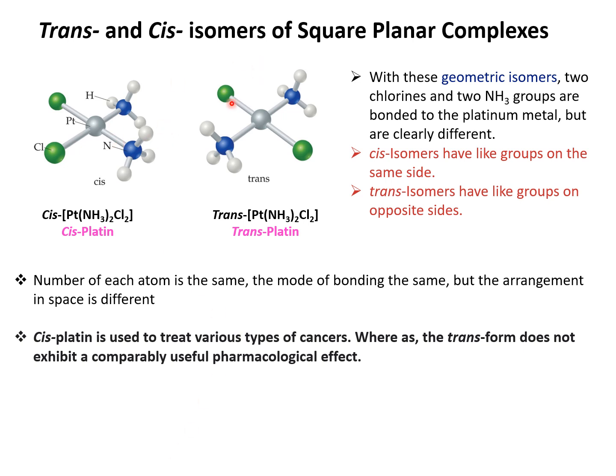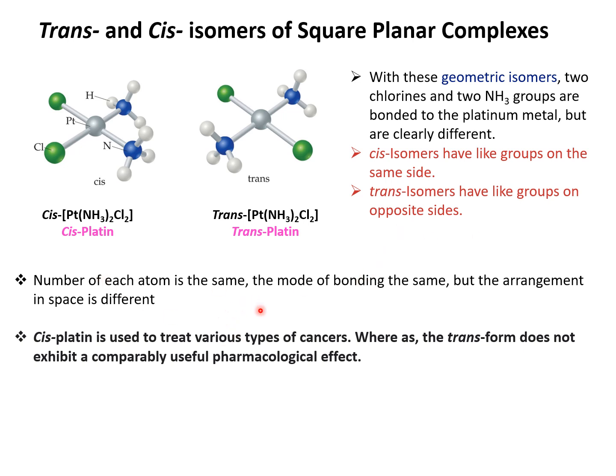So in this slide, you can see cisplatin and transplatin. Cis isomers have like groups on the same side, whereas trans isomers have like groups on the opposite side. Same groups are on the same side, this, as you all know very well, whereas if the same groups lie in alternating positions, it is trans.